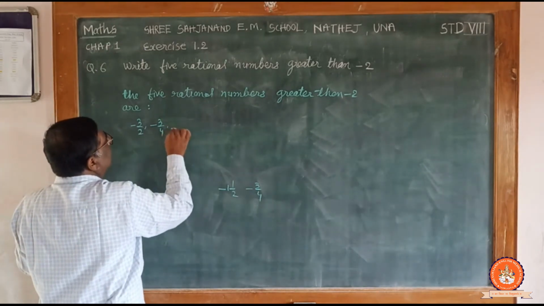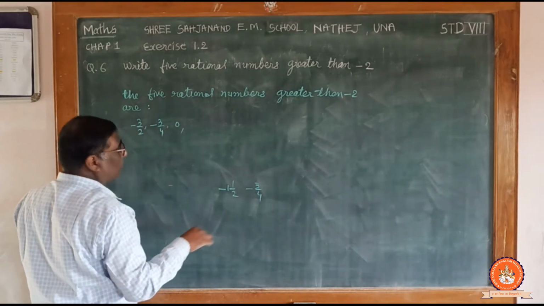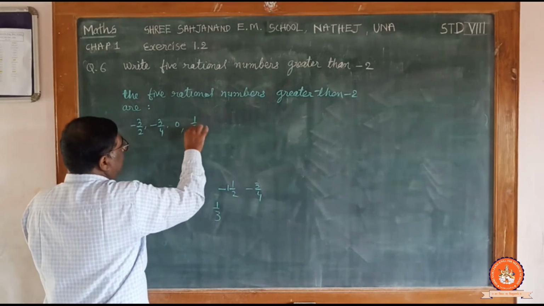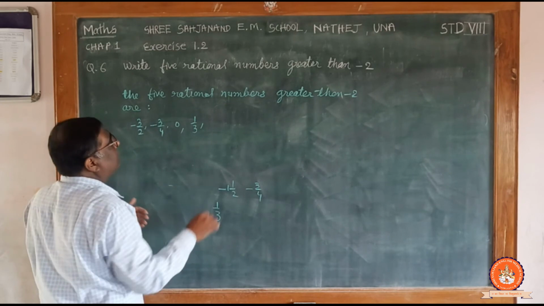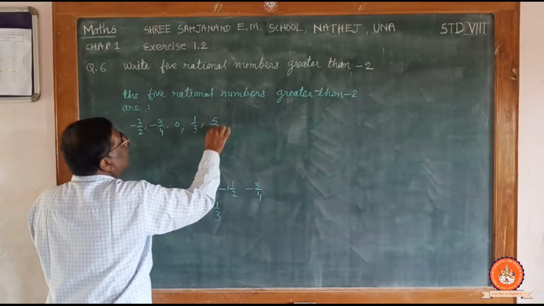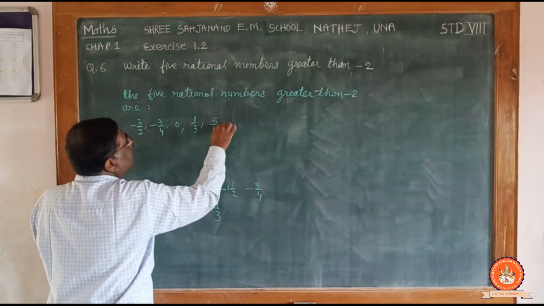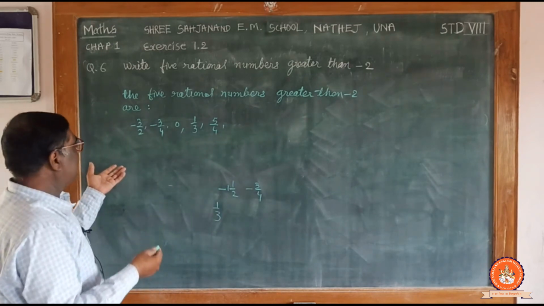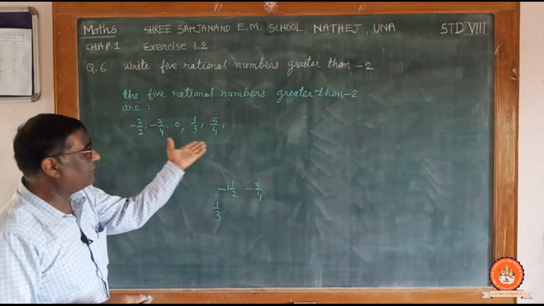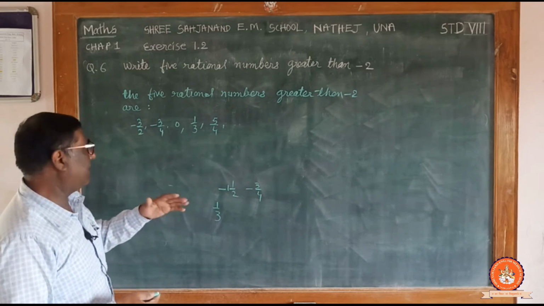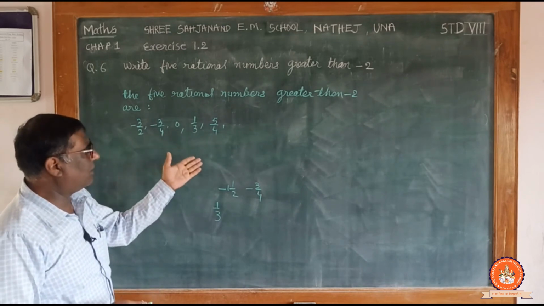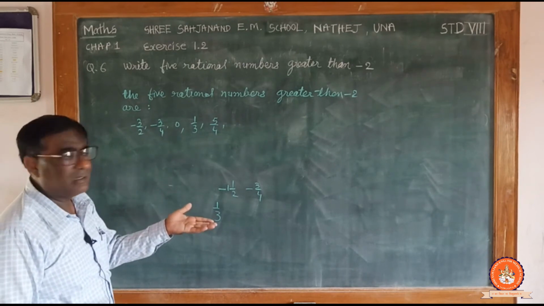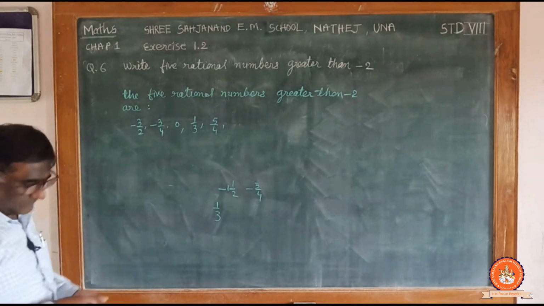It can be 0, then positive numbers we can write, 1 upon 3, then 5 upon 4. You can write like this. These are the numbers, all greater than minus 2. So you can write any 5 rational numbers you like. Okay, very good.